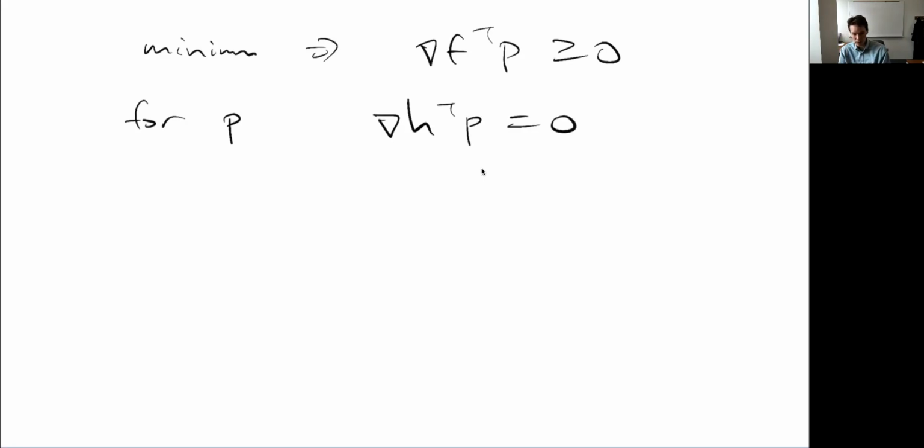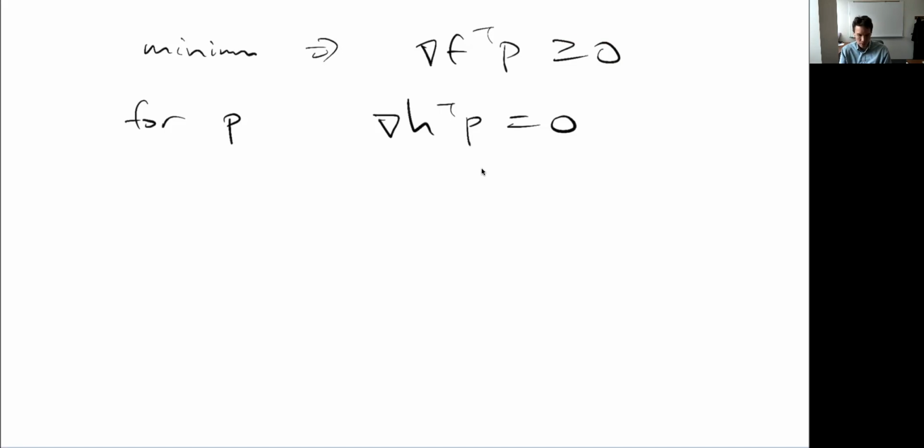So we have a second condition. We need P's that are going to make us remain feasible. That's what we derived. And of those feasible P's, all of them better increase the function. If that's the case, then we are at a constrained minimum. It means that our constraint is still satisfied, and any other direction that we could go that still satisfied the constraints would have increased our function. So this is a constrained minimum.